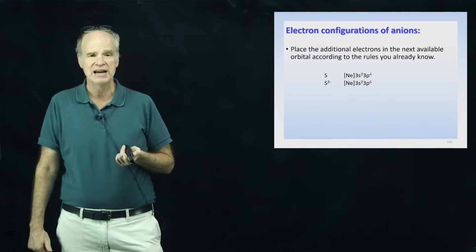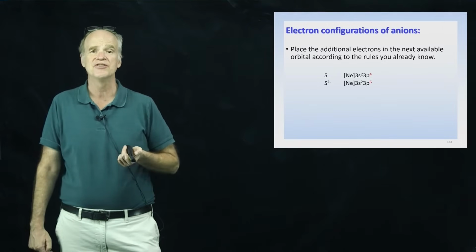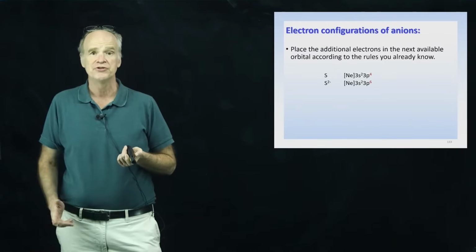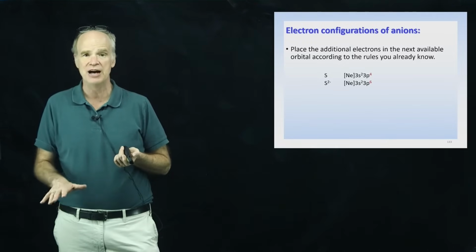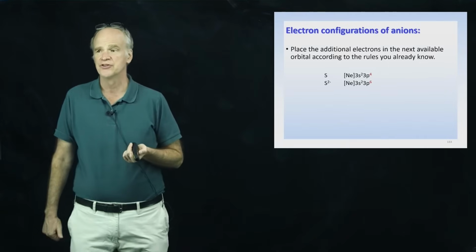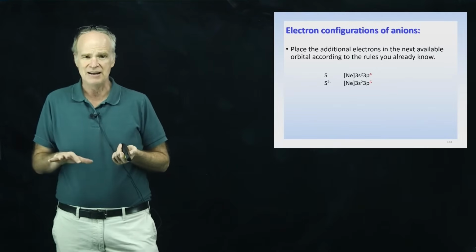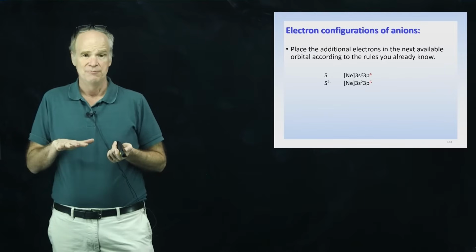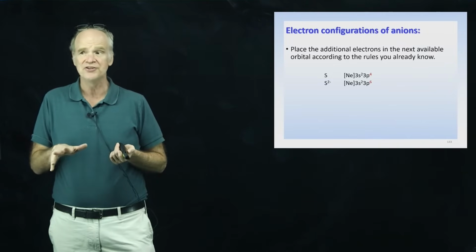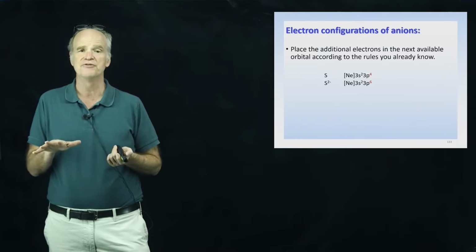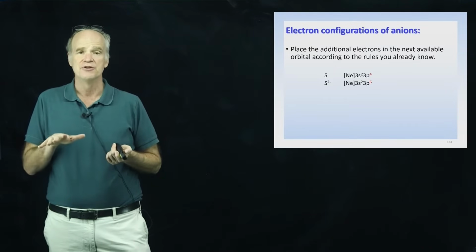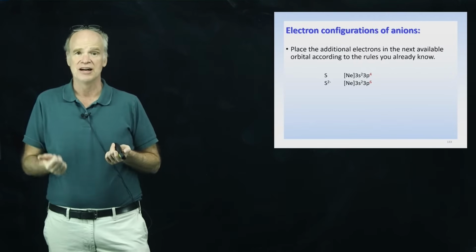With the sulfur anion, we can put those 2 extra electrons into the p sublevel. So now we have filled up the p sublevel with 6 electrons. And because the p sublevel is full and also the s sublevel is full for the third energy level, we've completely filled up the entire third energy level with sulfide's electron configuration.